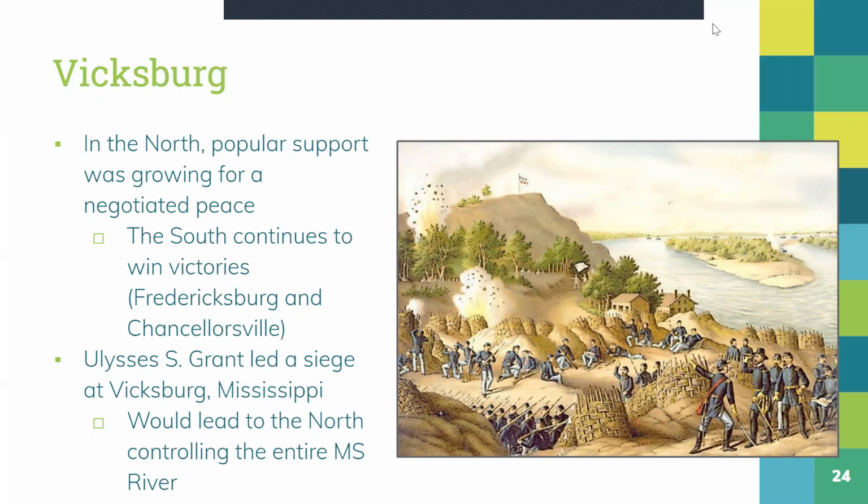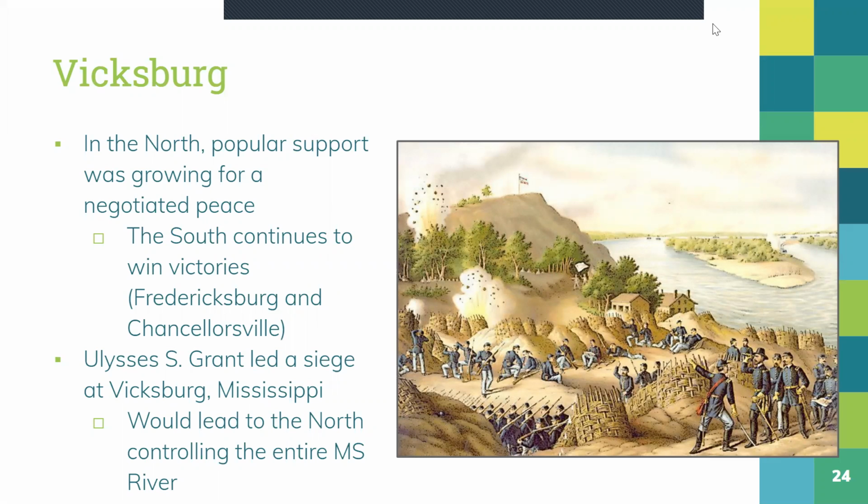The last area that the South had control of on the Mississippi River was a city on top of a hill called Vicksburg. He would lead a siege, so he would completely surround the city, and every day, every hour, they would be shooting cannons into the city, destroying people's homes, firing into Southern soldiers.